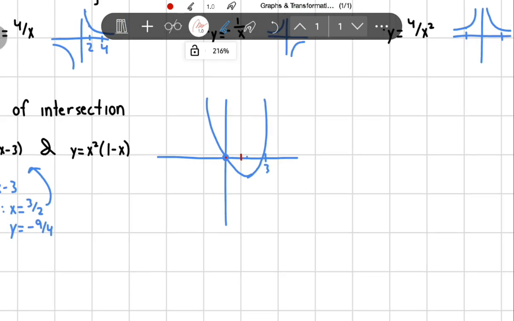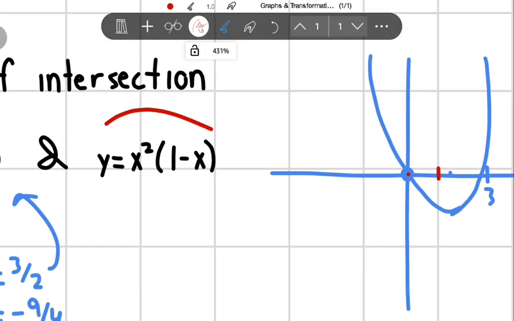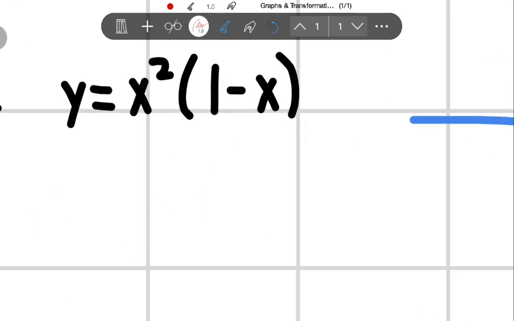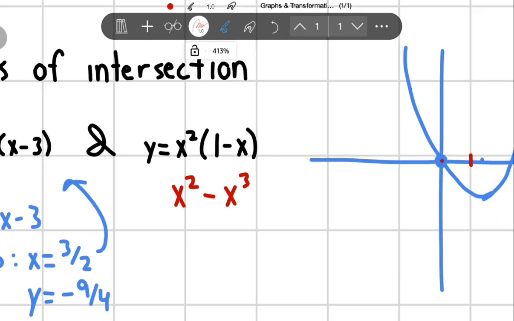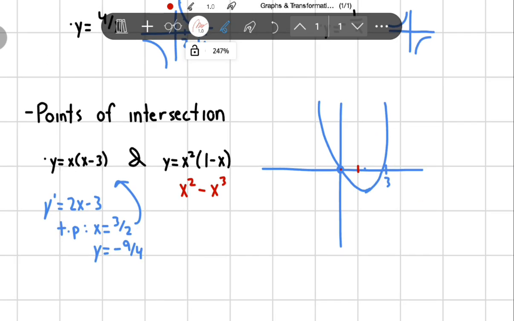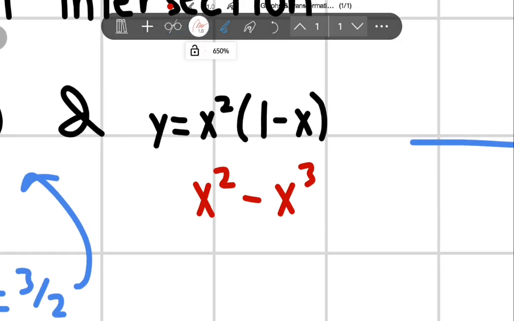And keep in mind, if you were to expand this bracket, you could identify whether it will be like this or like this, depending on this coefficient. You'll realize that it's going to be x squared minus x cubed.